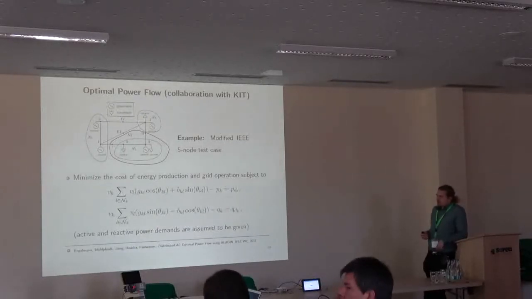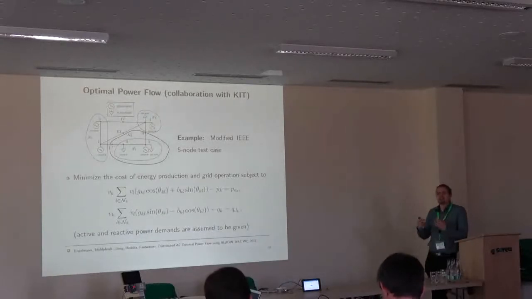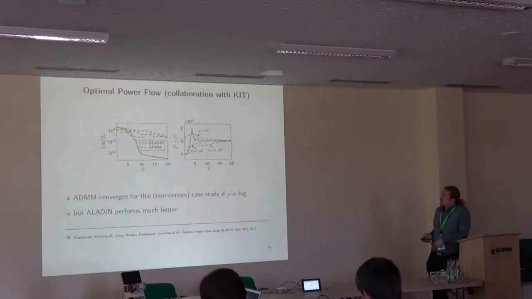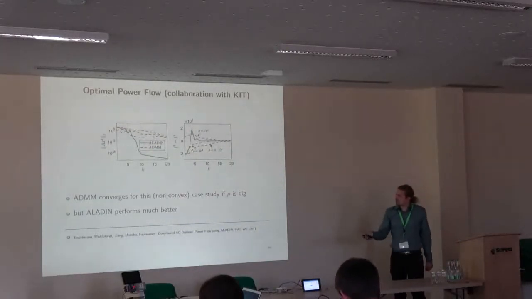And of course, we have to introduce again auxiliary variables in order to move all these couplings into affine constraints. That's the step we have to do. But if we do this, we end up with a big coupled nonlinear optimization problem where all the coupling is in affine constraints.